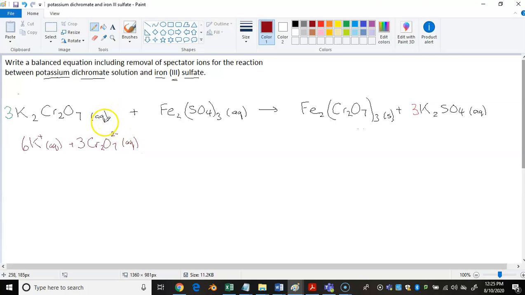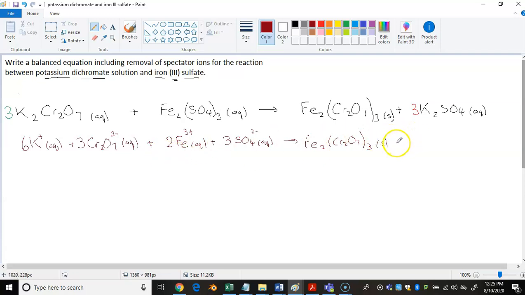I've got to end up with the same number of parts here, plus 2Fe3+ aqueous, plus 3 SO4 2- aqueous. And that turns into, this one's solid, so it stays together, Fe2(Cr2O7)3 solid.